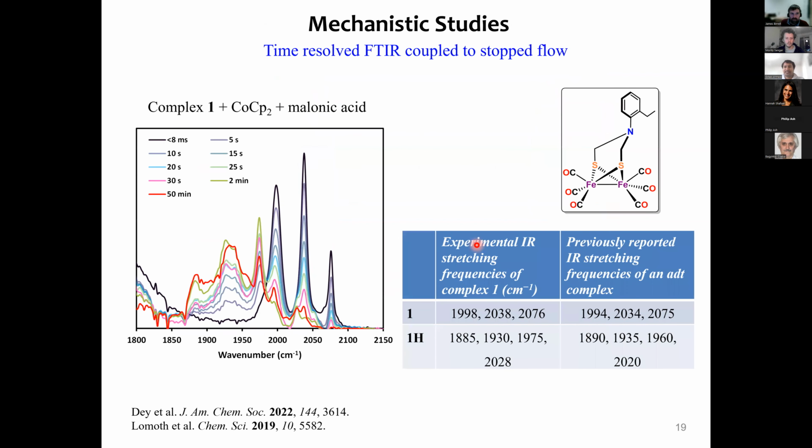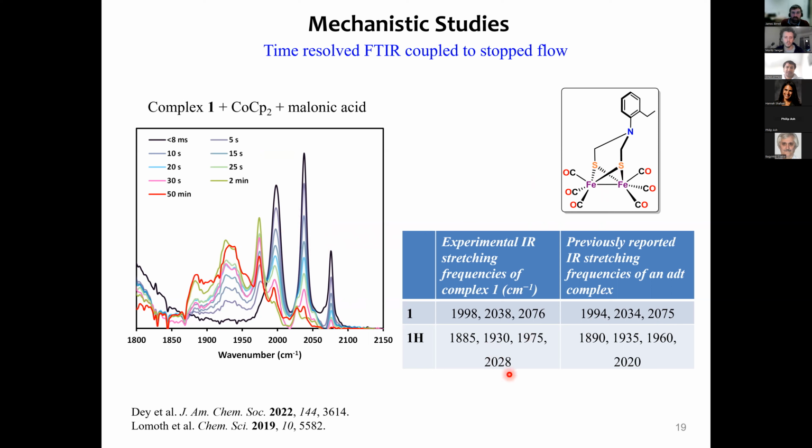Then for some mechanistic studies, we performed time resolved FTIR with complex 1 after adding excess cobaltocene and malonic acid. And we observed that after 5 seconds to 50 minutes, these three peaks gradually decrease along with the appearance of 4 new peaks at these frequencies, which indicates the 50 to 70 millivolt red shift of these three initial IR bands, indicating that the Fe2S2 cluster is reduced by 1 electron.